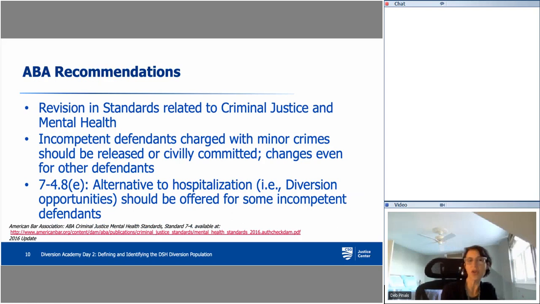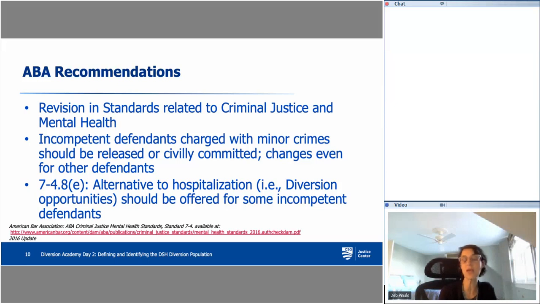Even the American Bar Association adopted this, whereas for years there's always been this worry that a defense attorney who doesn't raise the competency question might be accused of ineffective assistance of counsel. In 2016, the American Bar Association updated their standards to allow incompetent defendants charged with at least minor crimes to be released or civilly committed, and said there should be alternatives to hospital restoration, with diversion opportunities offered even for defendants who might be incompetent to stand trial.